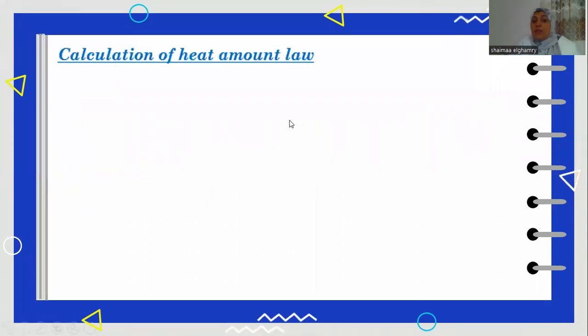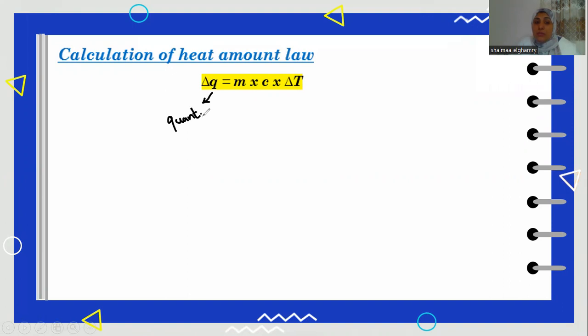The calculation of heat amount law. This is a very important law that you are going to use in this part of thermochemistry many times. So here the Q represents what? Quantity of heat.